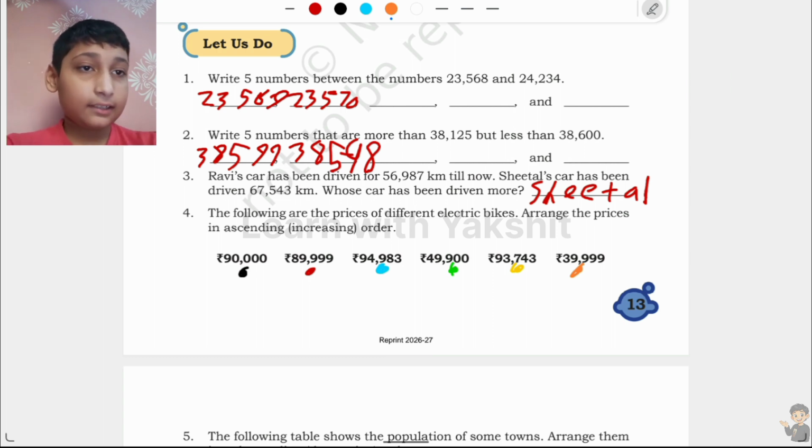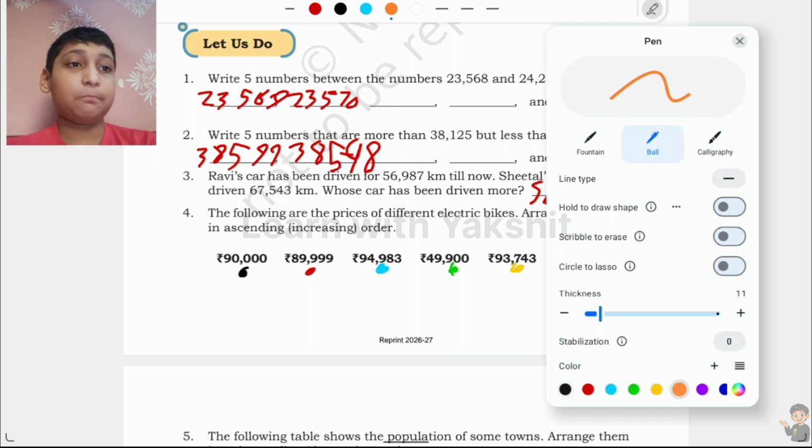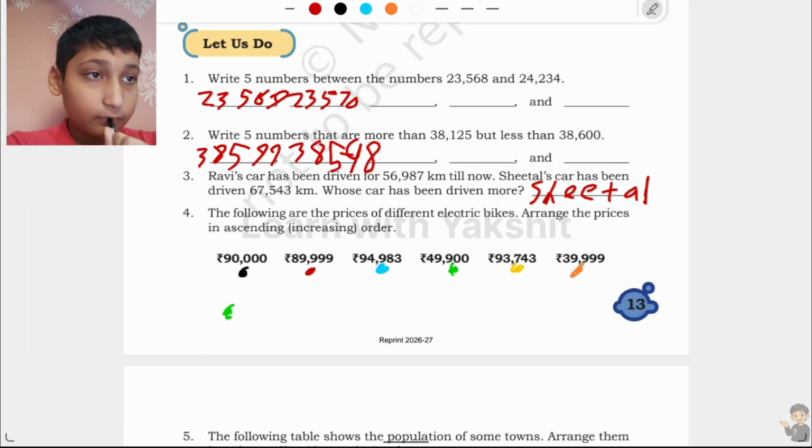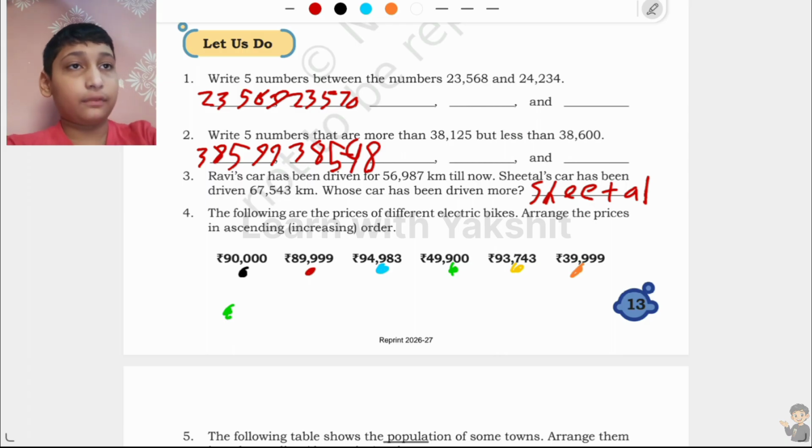Now we can see that orange is the smallest, almost 40,000, then green at 50,000.